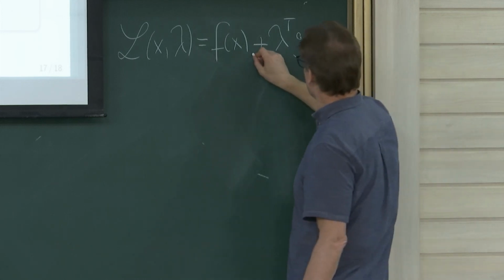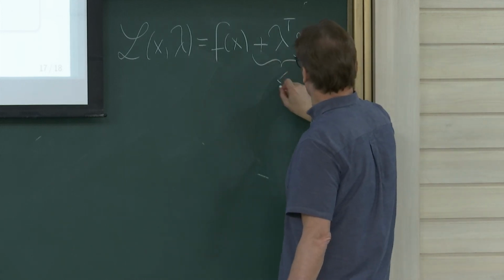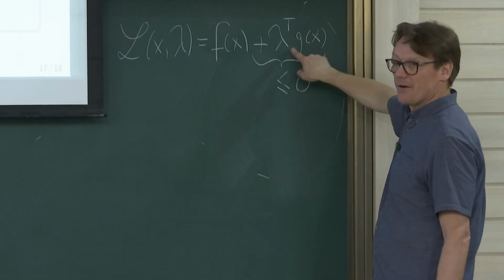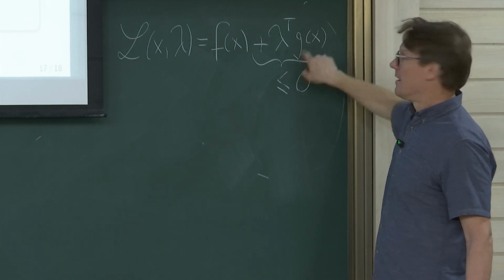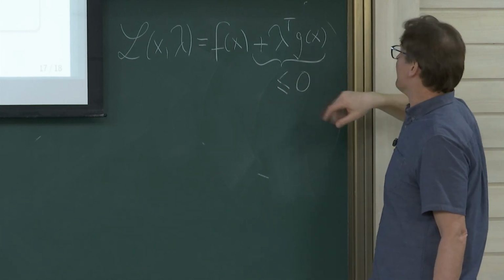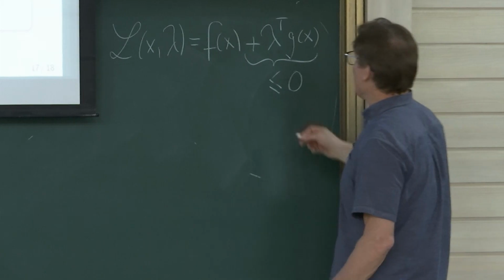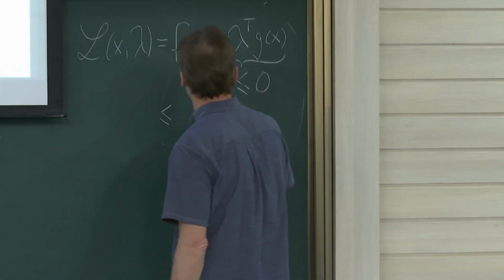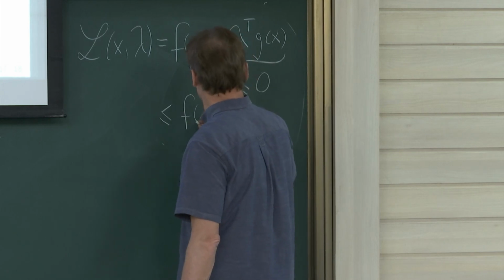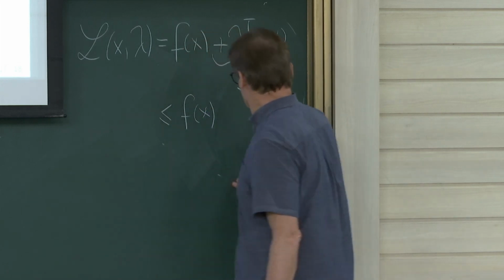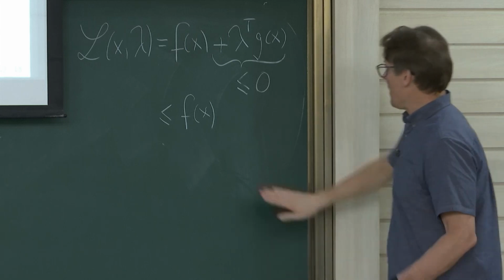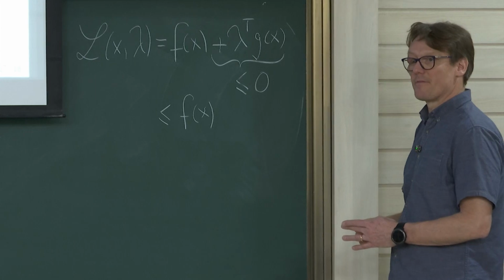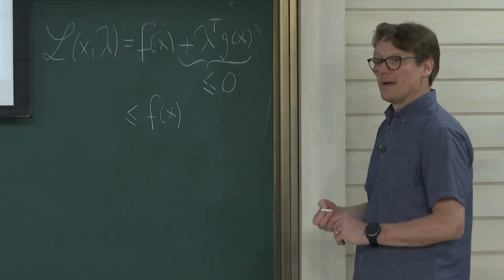So this term here is less than or equal to 0, right? Because lambda is greater or equal to 0. The whole term, sorry. Yeah, exactly. So then this whole term, as Ashutosh pointed out, is then less than or equal to f of x. And so now I'm looking for the solution where these two are the same. So I'm driving my solution up from the bottom.